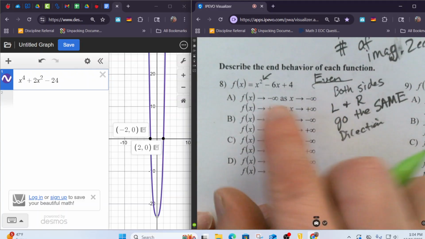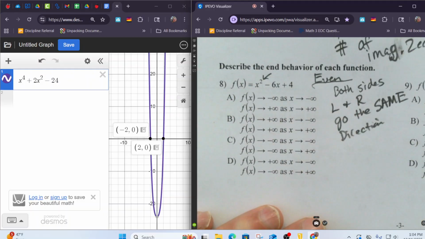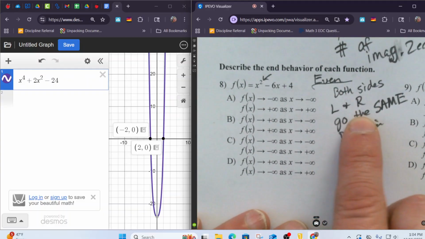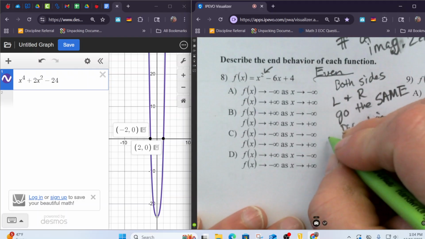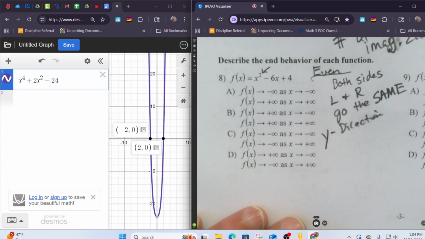It doesn't matter if it's x squared, x to the 4th, x to the 6th, x to the 8th. It doesn't matter, if your degree is even, both sides, left and right, go the same direction. And that's, by the way, y direction. So both sides go in the same y direction.